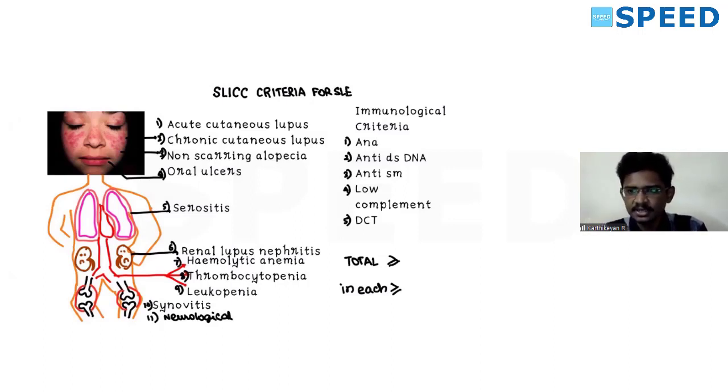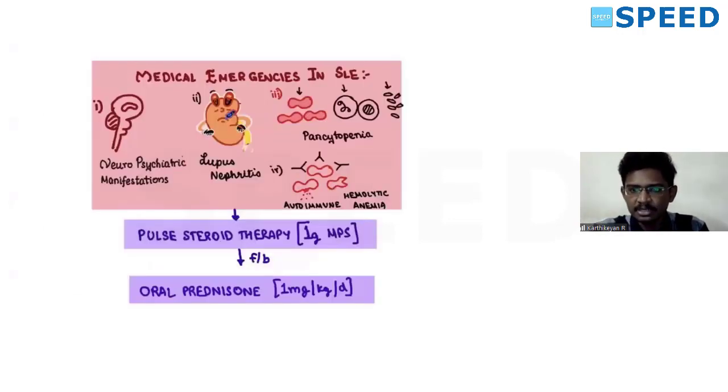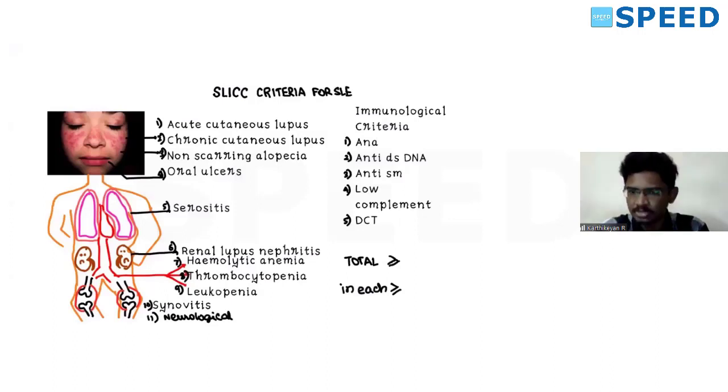Among these 16, if you have a total of 4, then it is SLE according to this SLICC criteria. And among the 4, at least 1 should be in each of the criteria: minimum 1 clinical, minimum 1 immunological, and total 4 positive for SLE.